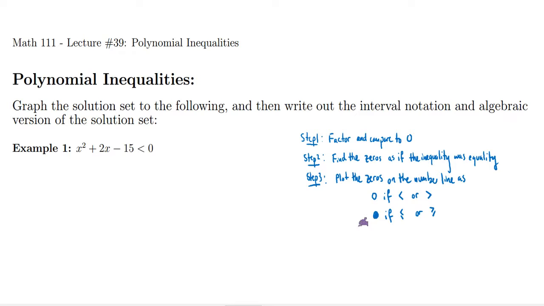Now, you're going to have divided up the real number line into regions split up by these points that you're plotting. And then you're going to do step 4. This procedure will make more sense as I go through it with this example here.